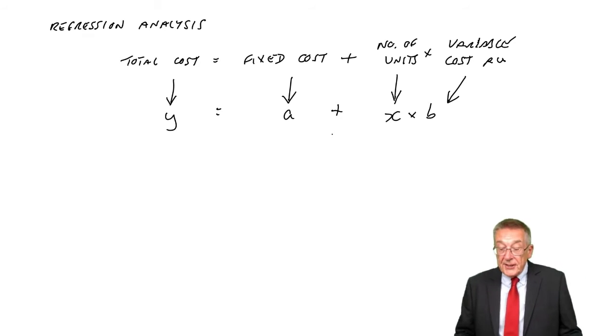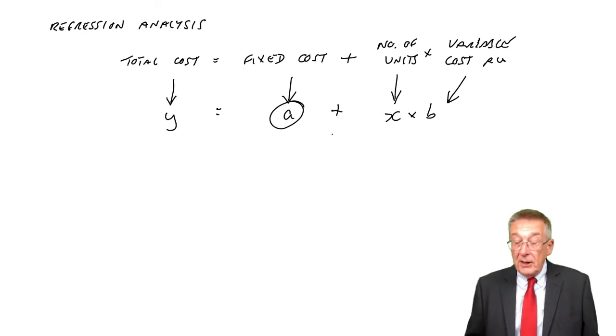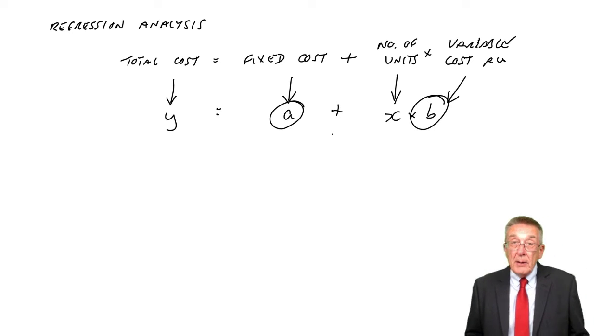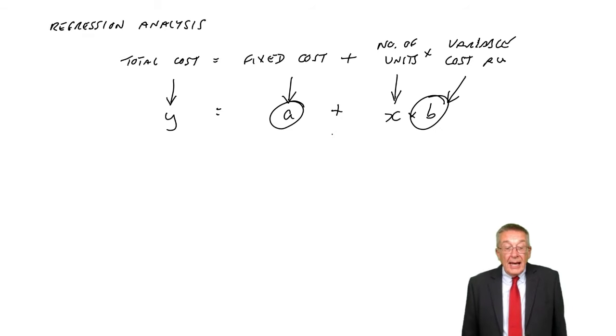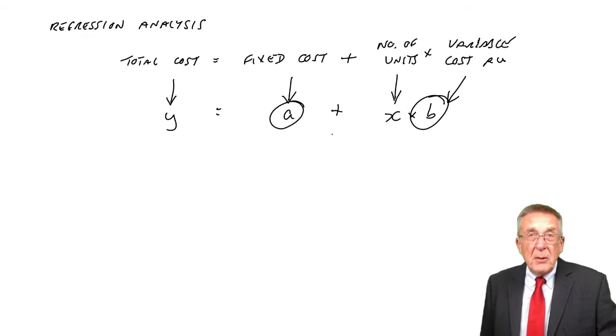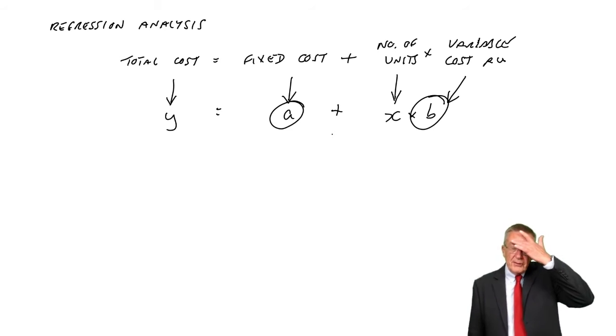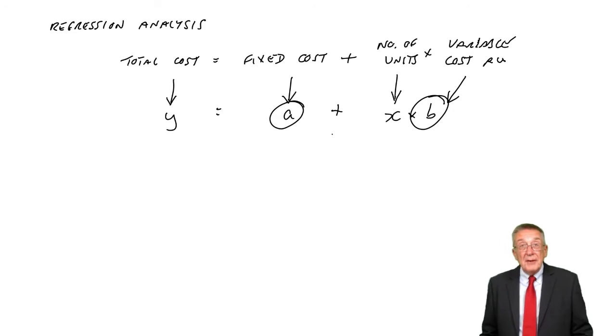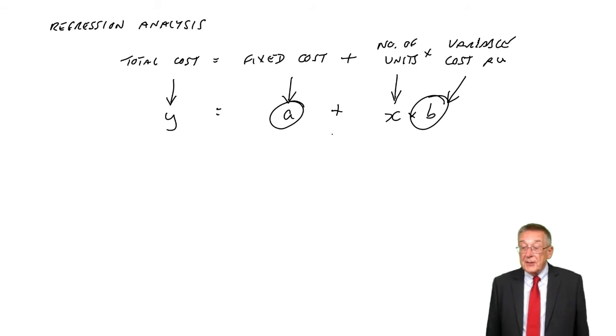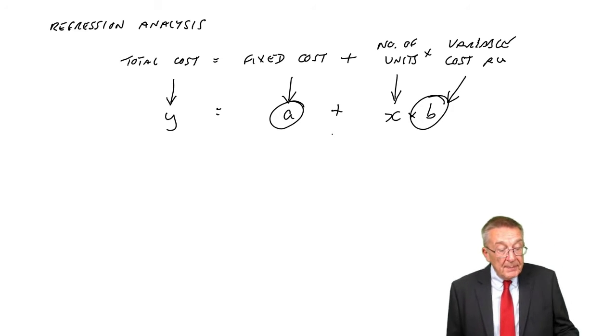But our job is to find out what is the fixed cost, what is the variable cost per unit. And this regression, I'll show you basically where it came from, but it's not your job to prove anything. There are formulae that are given to you in the exam to calculate the value of a, the fixed cost, and the value of b, the variable cost per unit.